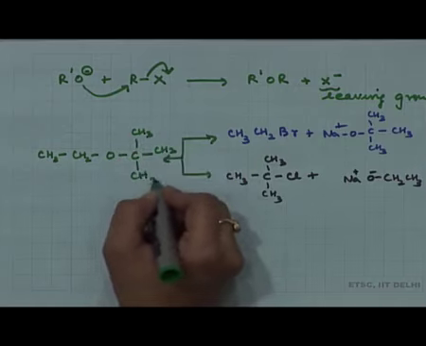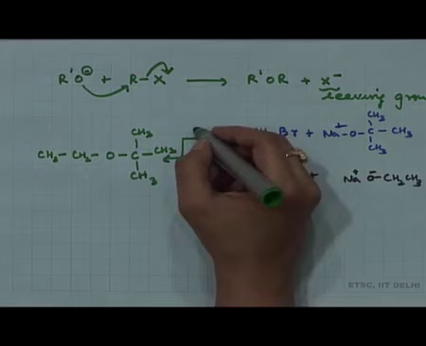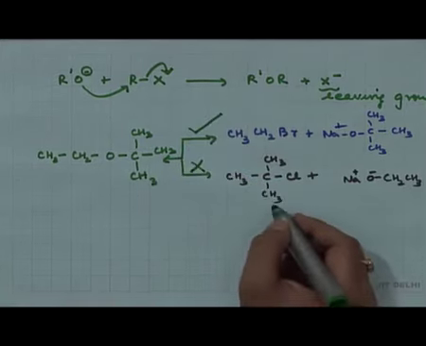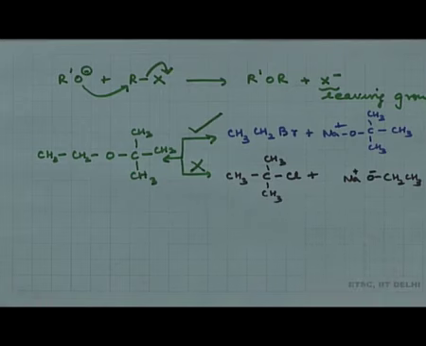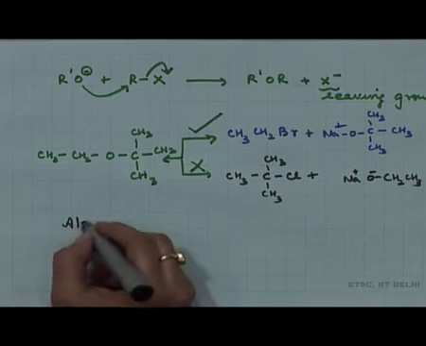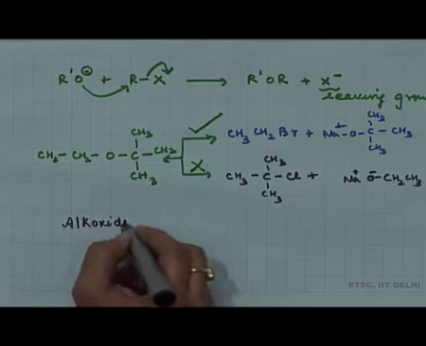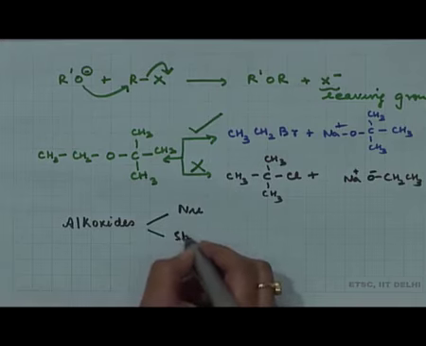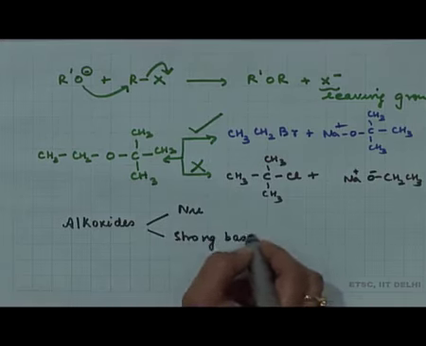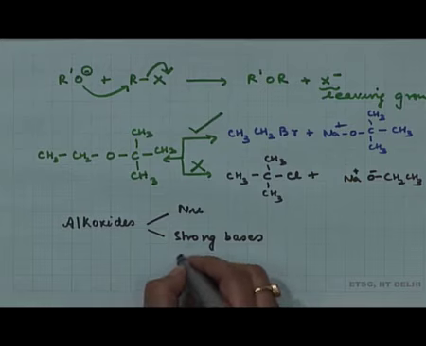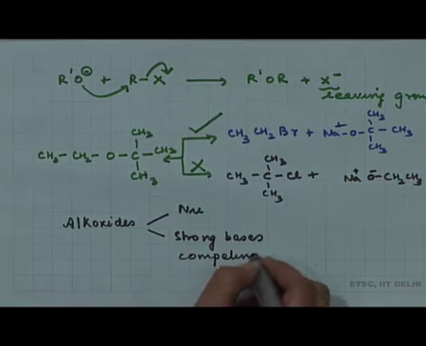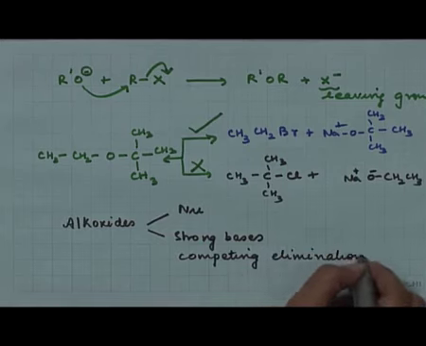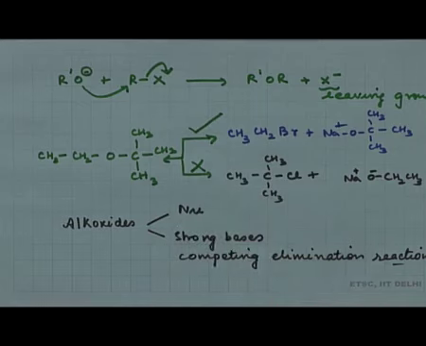Okay. So, as I was explaining, in this case the reaction which is going to give you the product will be this reaction and not this reaction, simply for the reason that we have to understand that these alkoxides which we are using not only act as nucleophiles. They behave as nucleophiles, but they also behave as strong bases which can result in a competing elimination reaction. So, there is always a competing elimination reaction which will happen if your alkyl halide is not a 1 degree.